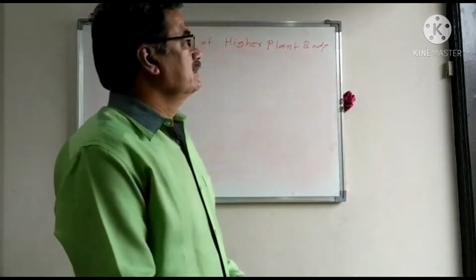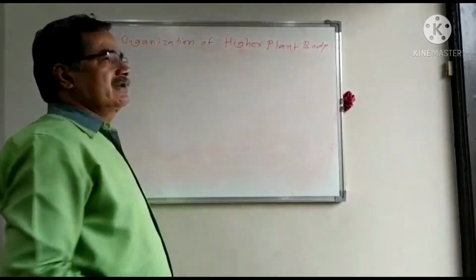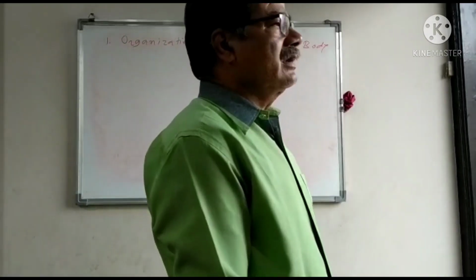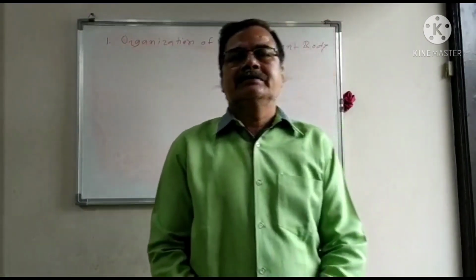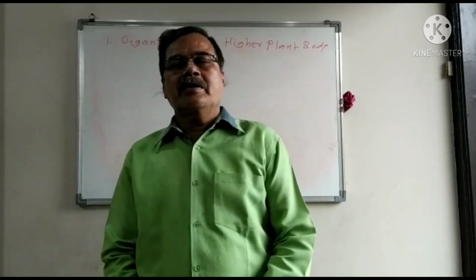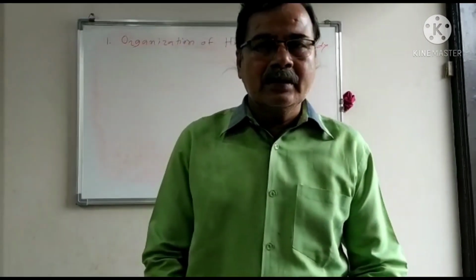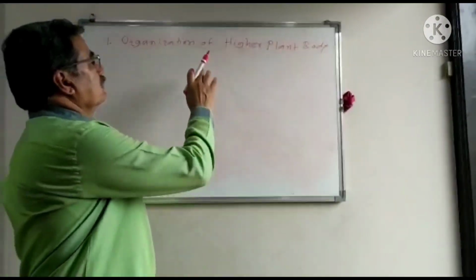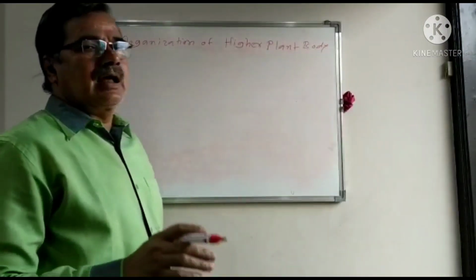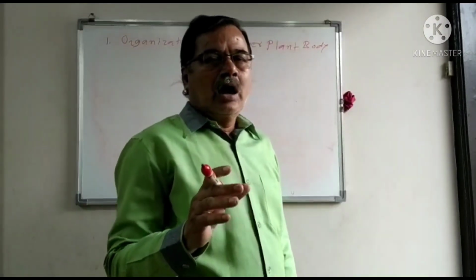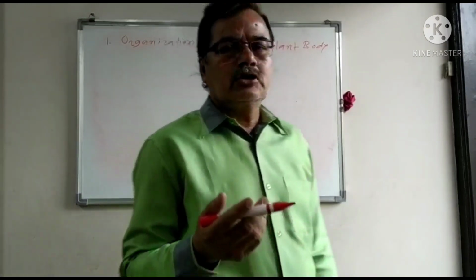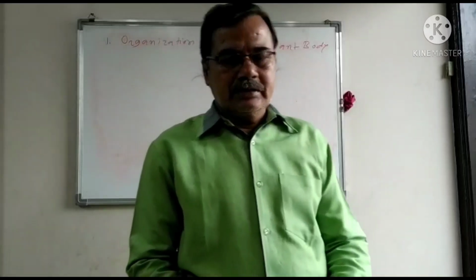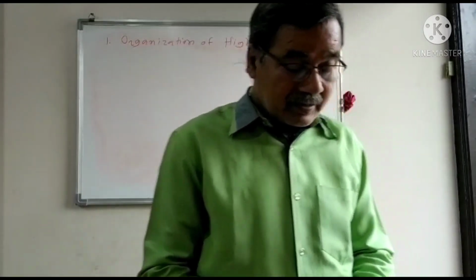Then how the plant body is developed, that is, the internal organization of this higher plant body, we are going to see. In the internal organization, root, stem, leaf and flowers, how the tissues present internally are developed, we are going to see in this plant body.